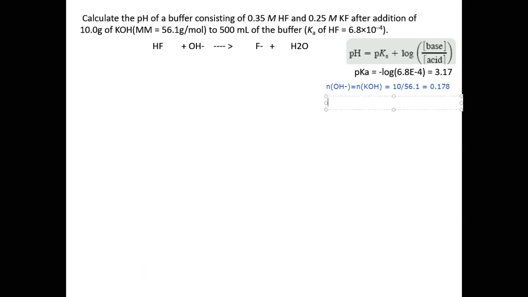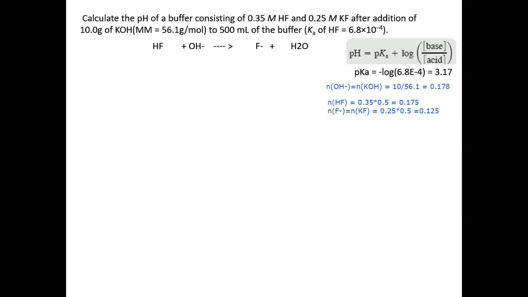That's the moles of hydroxide. Now we find the moles of weak acid, and we find the moles of weak base, which equal the moles of potassium fluoride: 0.175 and 0.125.